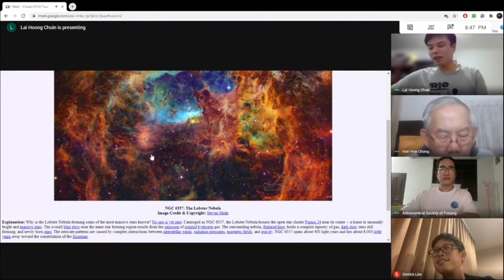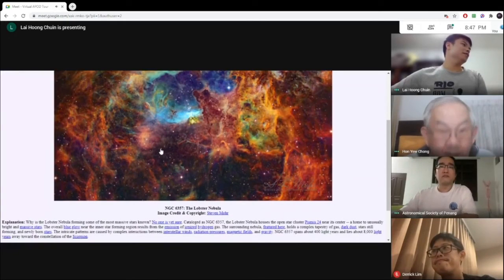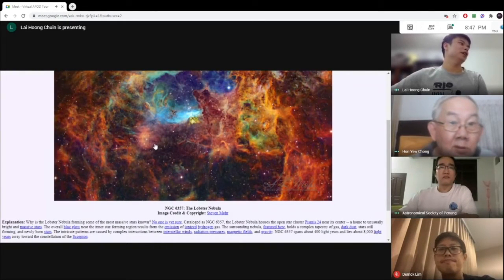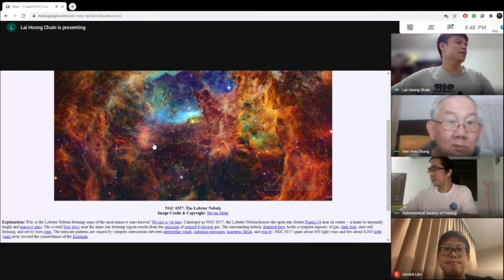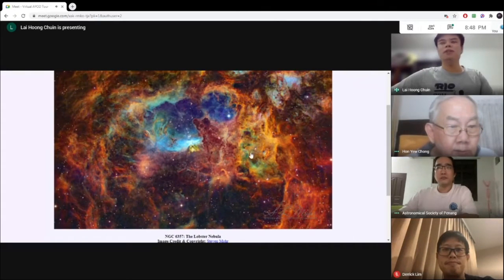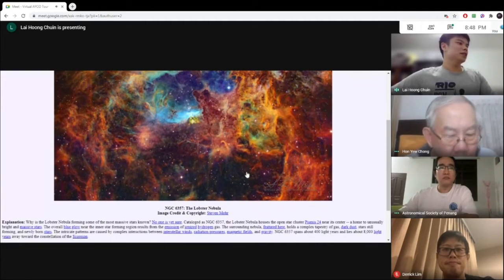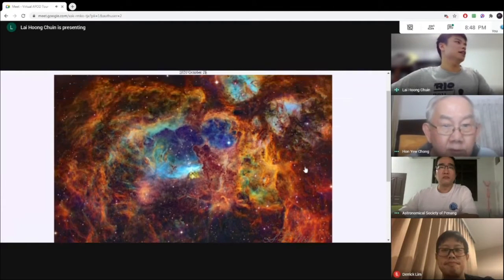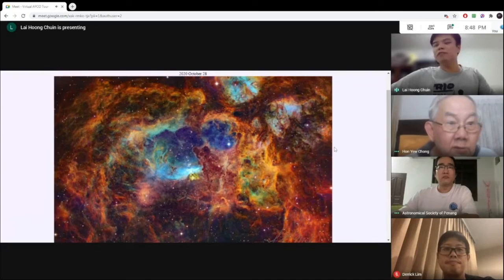And the Lobster Nebula also has another, scientific name, NGC 6357. The common name we address it by is the Lobster Nebula because it looks like a lobster. It is located in the neighborhood of our Milky Way.